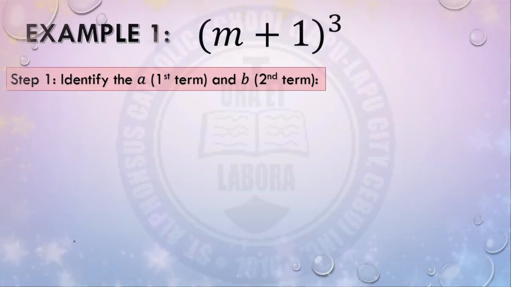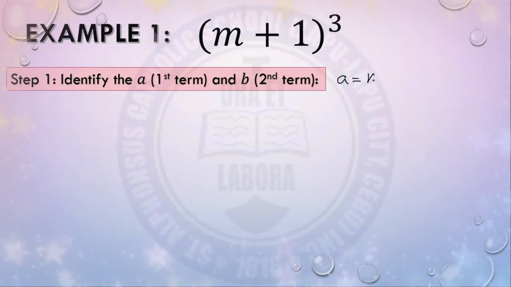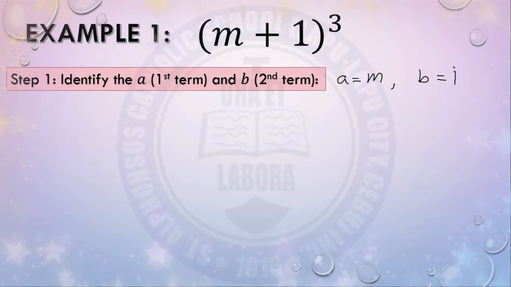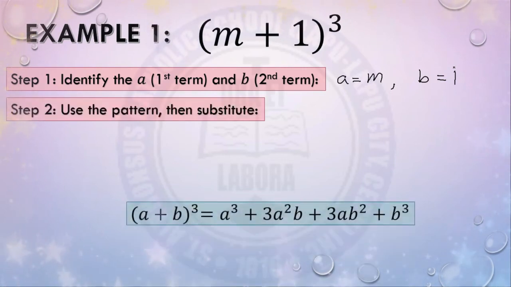Please input your answer below. If your answer for the first term is m, then you are correct. Very good. And for the second term, if your answer is 1, then you are right. Good job.